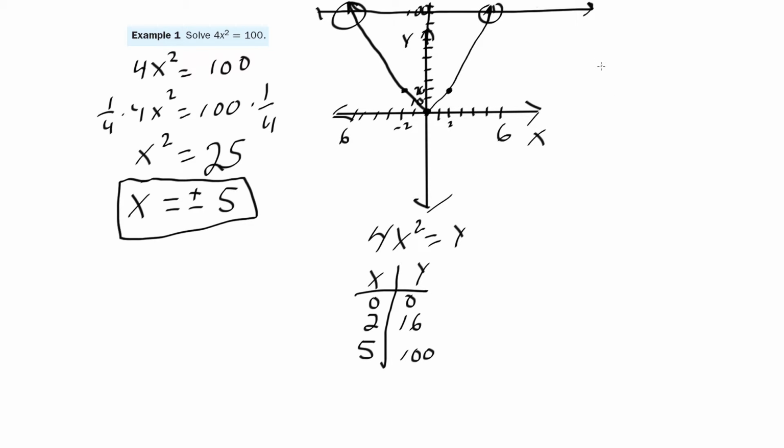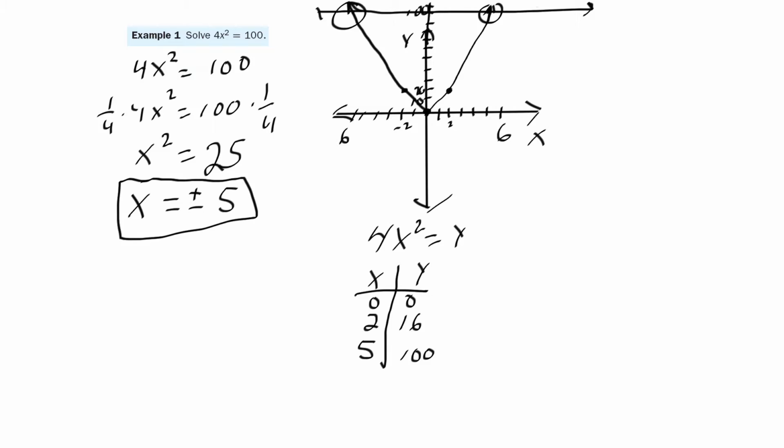Another method to solve this is to build a table using Excel or tables in your graphing calculator and go down the table till you get to the result. We've built a table here by calculating by hand, but you could do a more elaborate table and get the results for your calculation. So that's 3 methods of solving 4x squared equals 100.